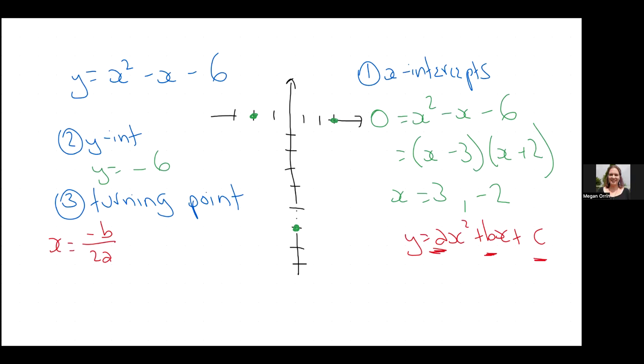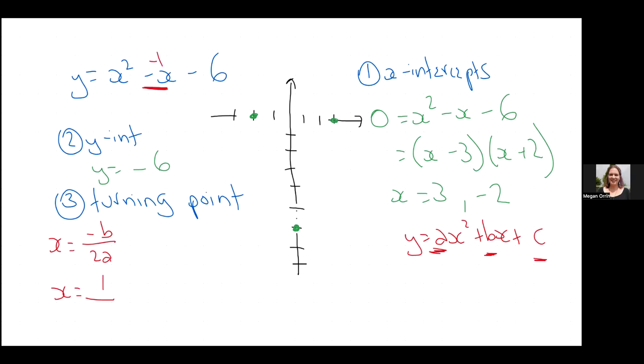Same with the quadratic formula. That is what these letters mean as well. So the x coordinate is -b. What's b? -1. So b is -1, right? The number in front of x is -1, but I need -b.